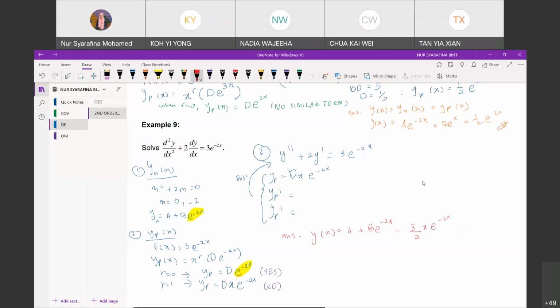Anyone has problems with this part? All of you got this? You should differentiate by using the product rule, right?